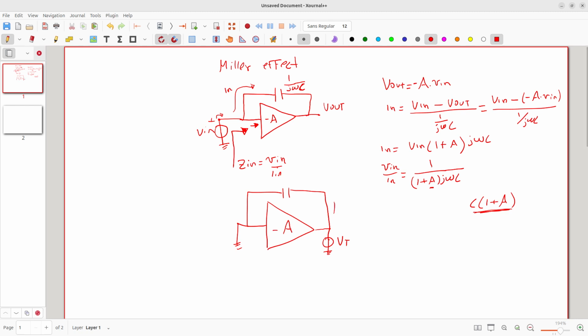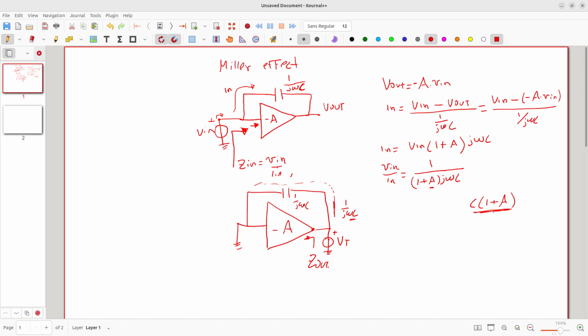When we see it in this direction, there is no amplification here, and what we actually see as impedance, okay, we have 1 over j omega C, is the output impedance of the amplifier in parallel to the capacitor. Okay, that will be the impedance that I see in this direction. So there is no amplification of the capacitor when I see from the output, but from the input it gets amplified.